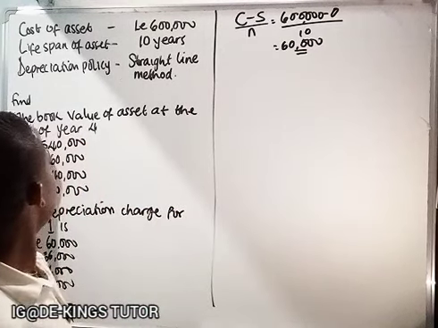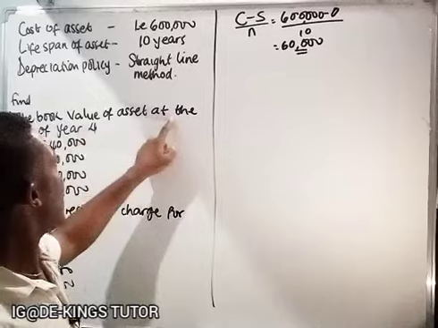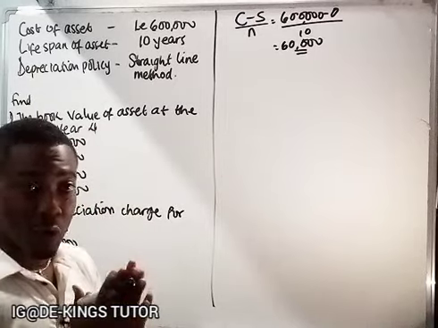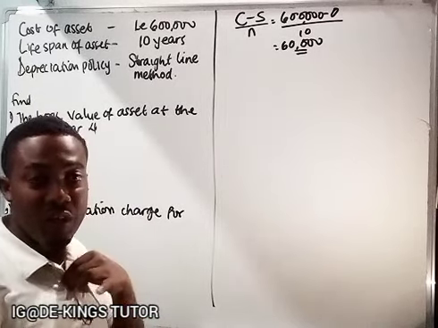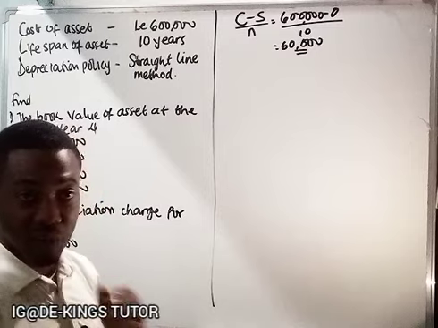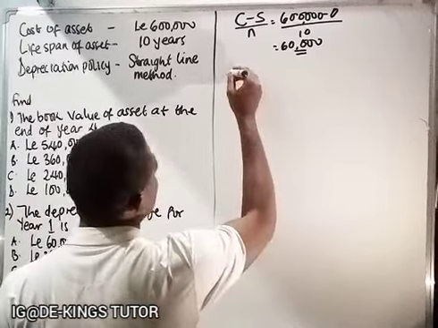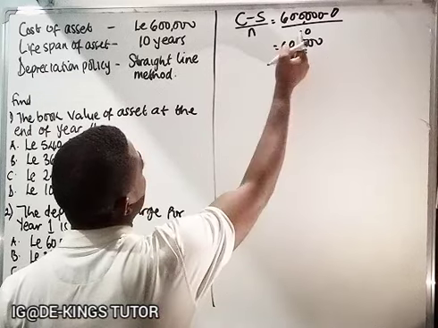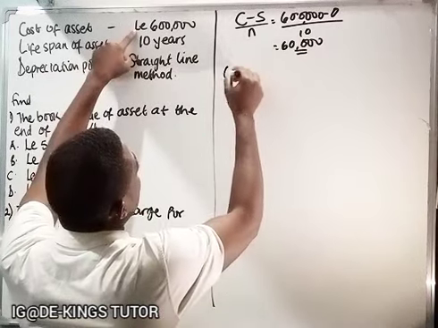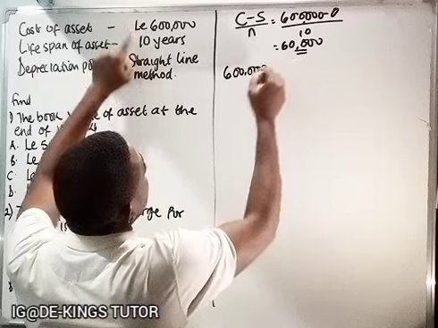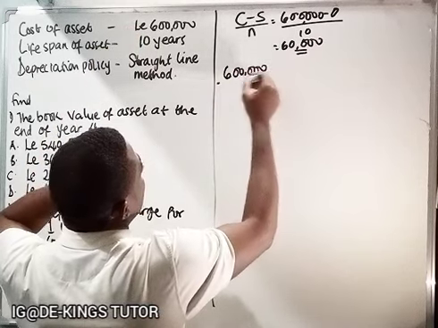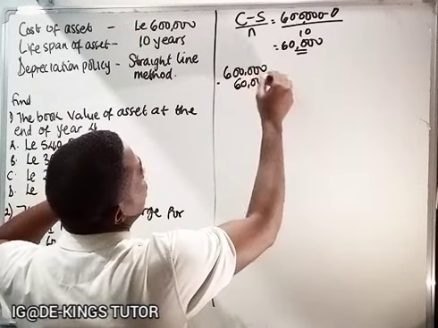Now the question said find the book value of asset at the end of year 4. That at the end of 4 years, what will be the book value of the asset? Okay, so if we do that, the cost of the asset is 600,000 minus 60,000, which is the depreciation.